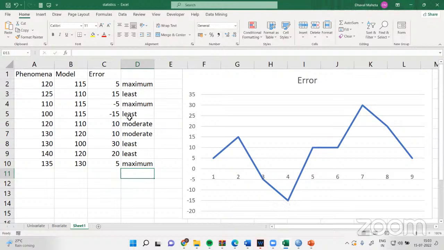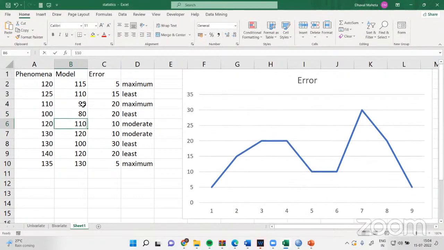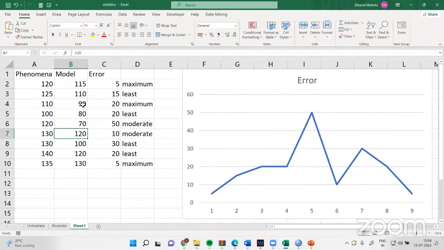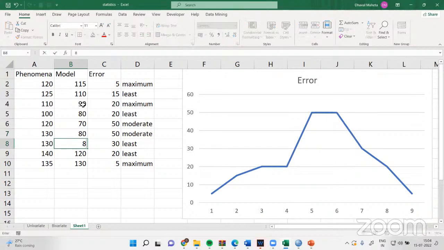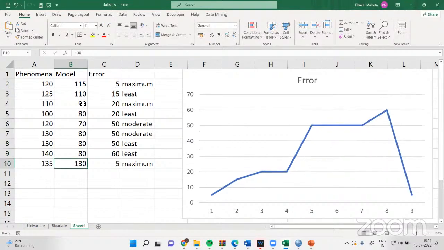Another thing which they have said is error should not be increasing. Just see on the screen. Is a model good with increasing error?